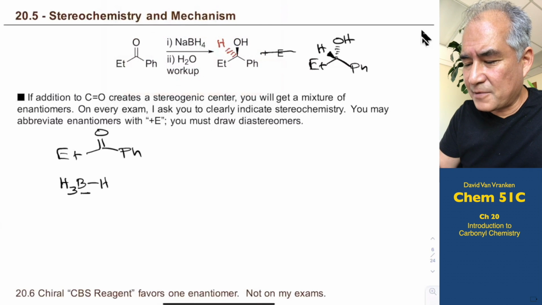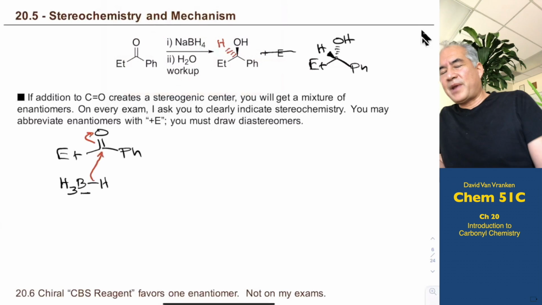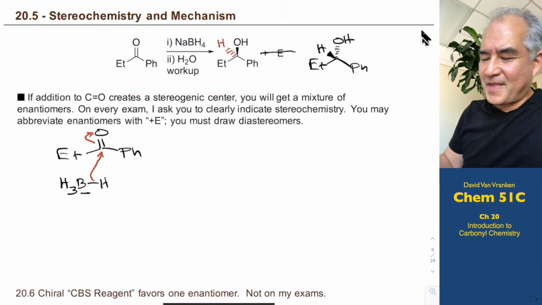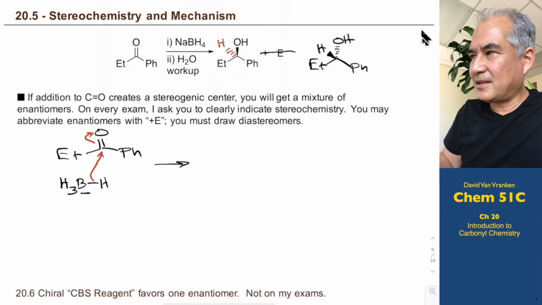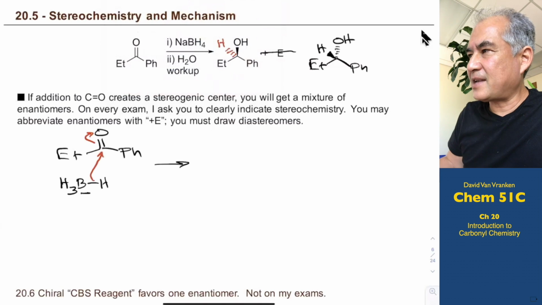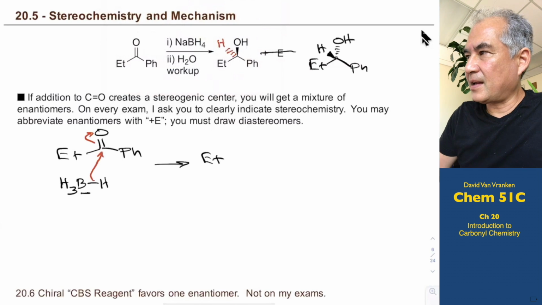Boy, I just love drawing out this nucleophilic addition to carbonyls. Just feels so natural. That's what organic chemistry is all about, the addition of nucleophiles to carbonyls. And it's a little bit weird for you because I know these hydridoborate and hydridoaluminate reagents aren't really what you're used to seeing at this stage.